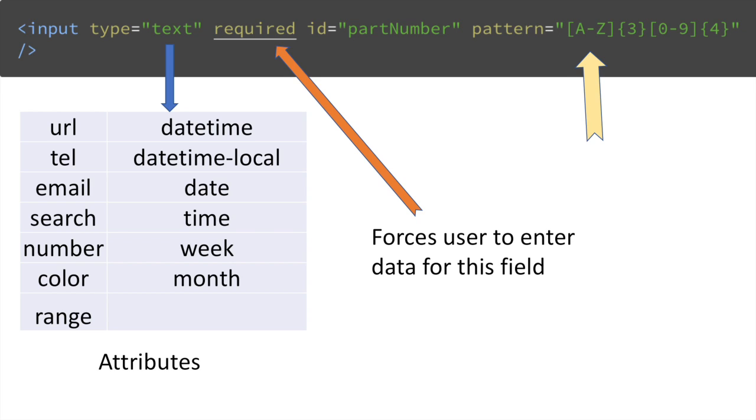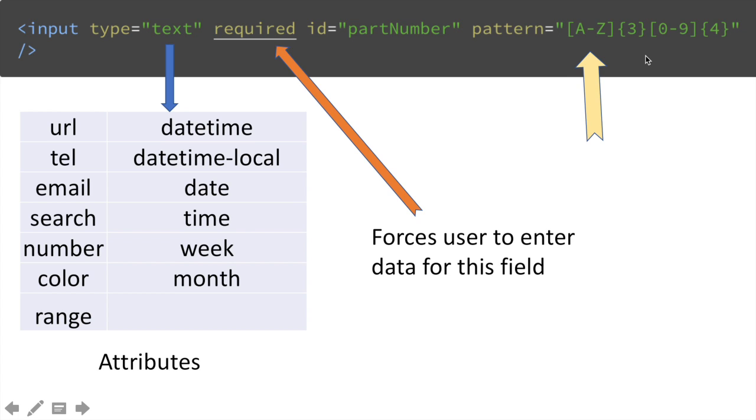And then the last one comes here, the pattern of the data. In this example that we have in front of us, the user is required to enter 3 uppercase letters. The braces here specify how many you need to enter. So they need to enter 3, and they are uppercase from A to Z, and they are required to enter 4 digits between 0 and 9.